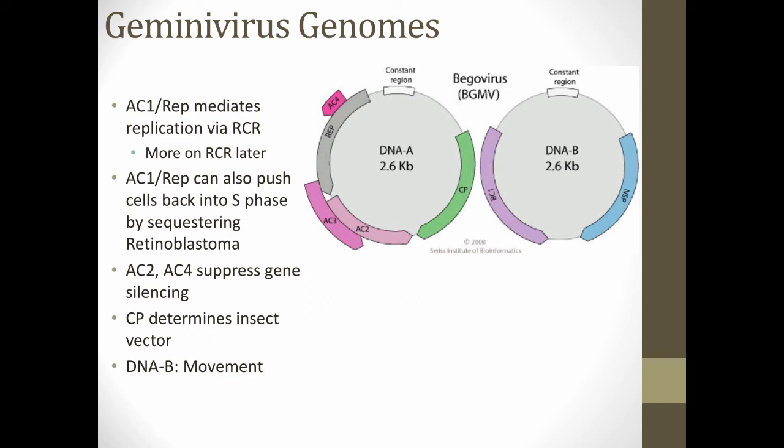So these proteins are encoded by DNA B. One of them is known as the movement protein. These movement proteins are able to shuttle this genome around to new cells where they initiate an infection without the technical need for a capsid protein. Again, this capsid protein is important for getting this virus out of one plant and back into a new host.